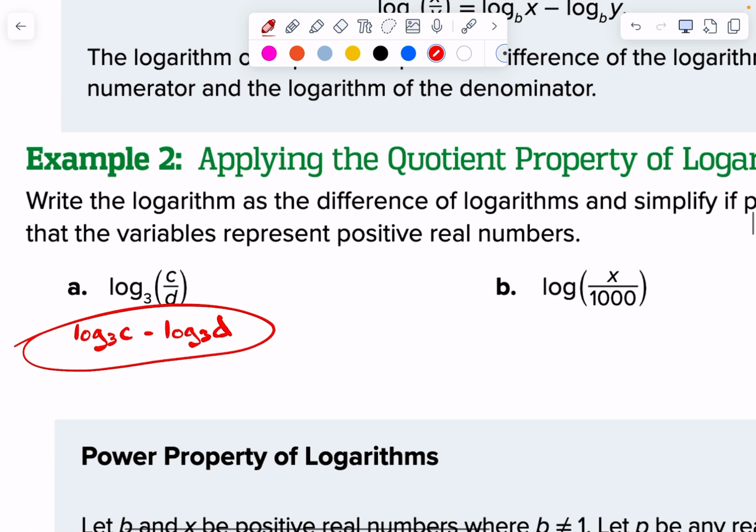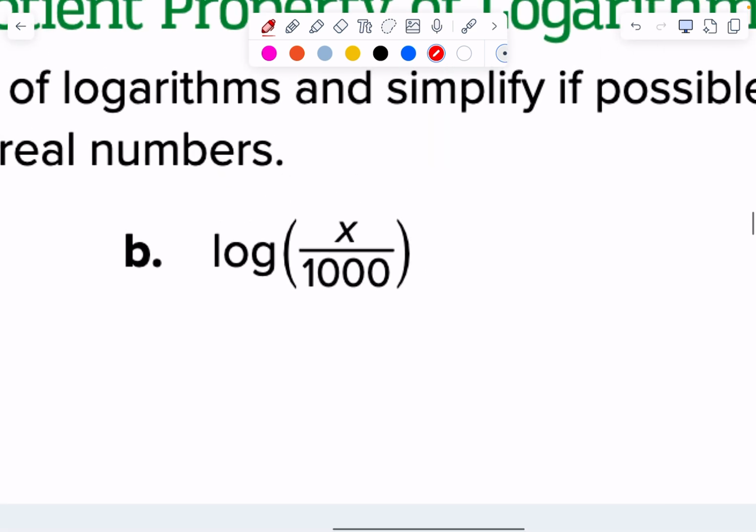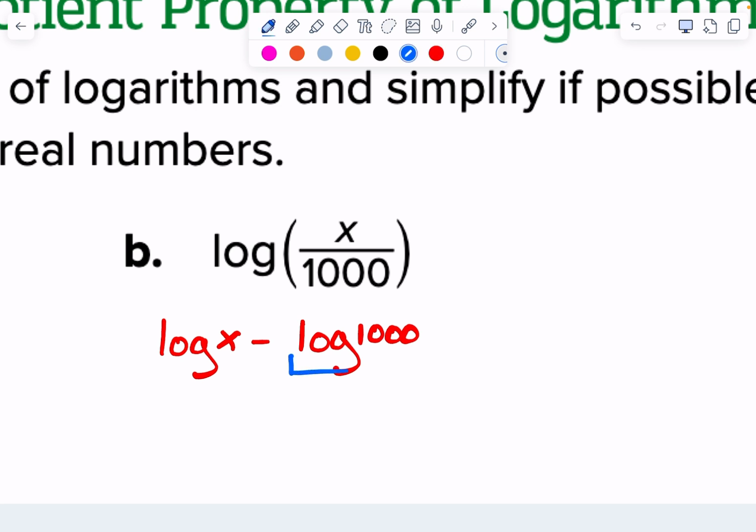Okay. This one, here we go. Log of x minus log of, oh, I was thinking 1,000. Can we simplify any of those? Log of 1,000. Let's talk about over here. I'm going to do log base 10 of 1,000, and let's say equals z.